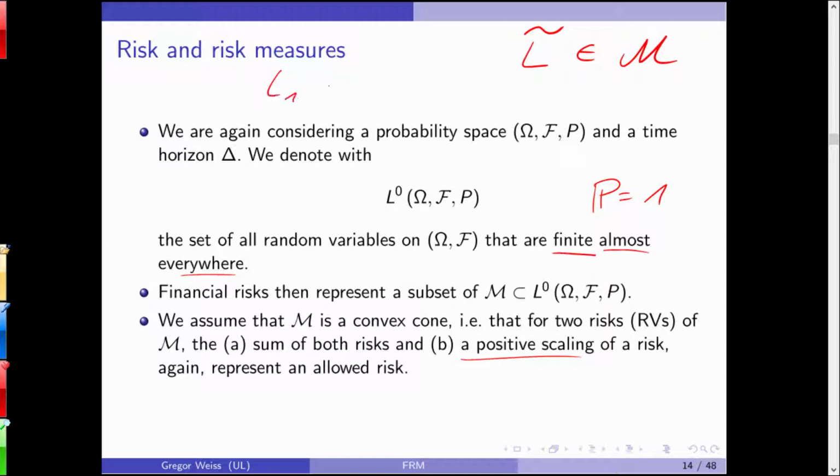So if we have L1 and L2, if we add them, we get a third random variable, and this one is again in the set of M. And if we scale one risk, it's again included in M. This just means that this is a positive cone, a convex cone. In German, it's a convexer Kegel.